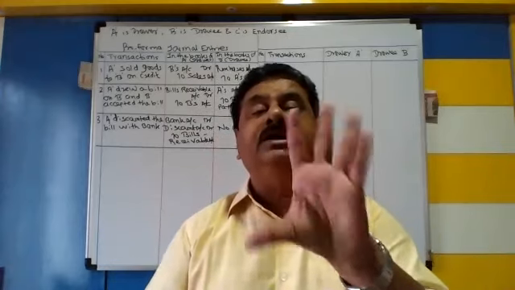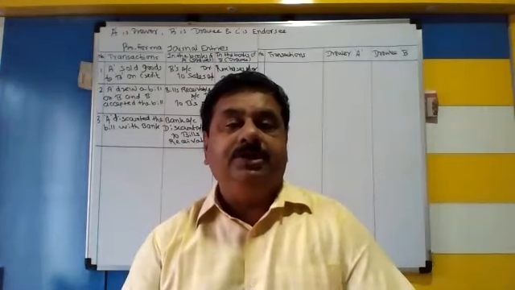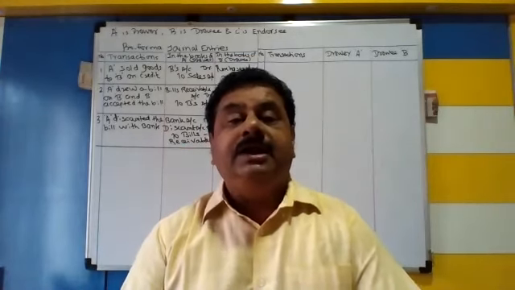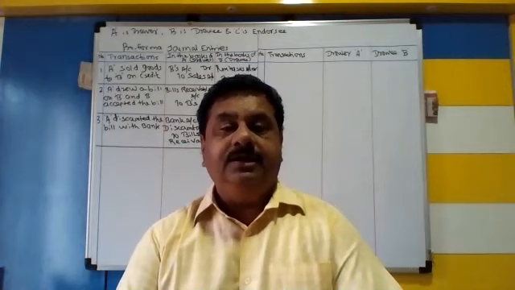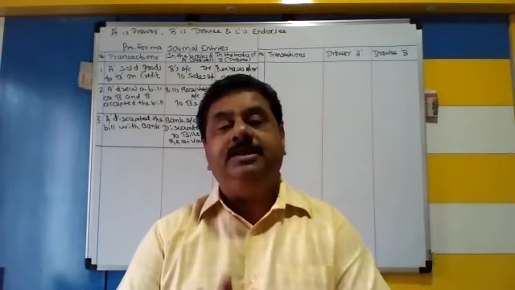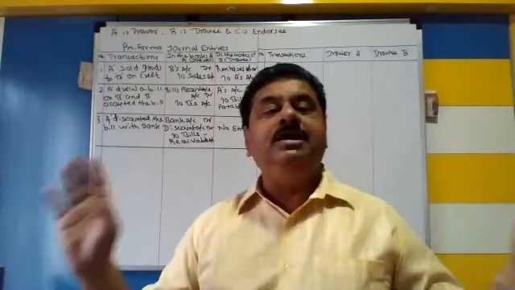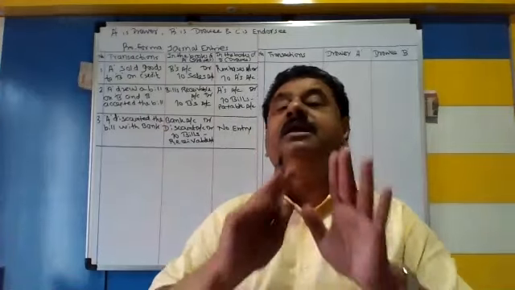I want to say 500 is a discount. Now let us say the entry with amounts: bank account debit 19,500, discount account debit 500 to bills receivable account 20,000. In the books of Mr. B, no entry.